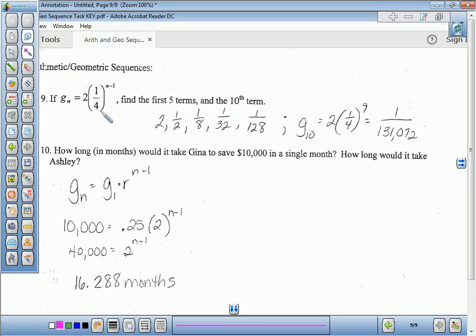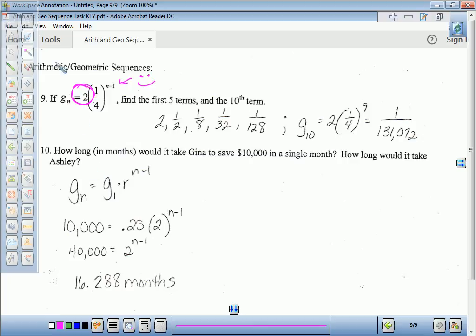All right, this one's in the right form, yay! So this is going to be our first term right here, 2. And what is my common ratio? What am I multiplying by? A fourth. So 2 times a fourth is a half, times a fourth, times a fourth, times a fourth.